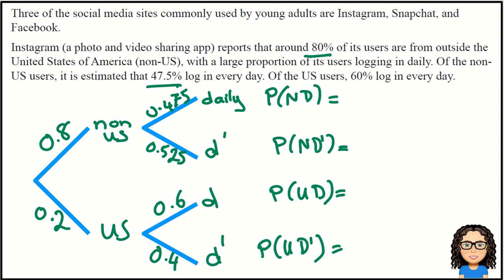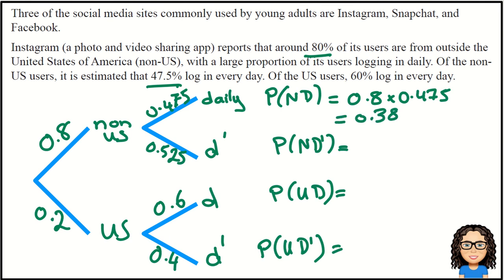So the probability of a non-US person using Instagram daily is going to be 0.8 times 0.475, which gives 0.38.